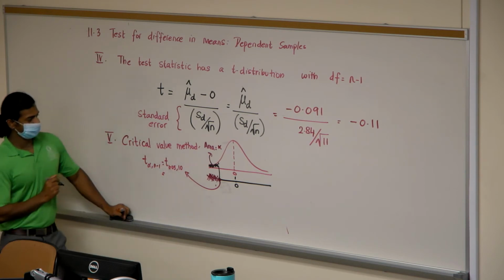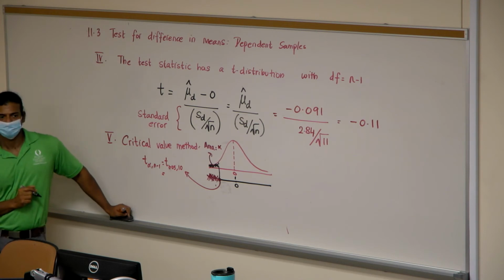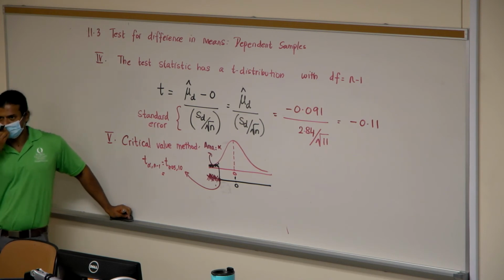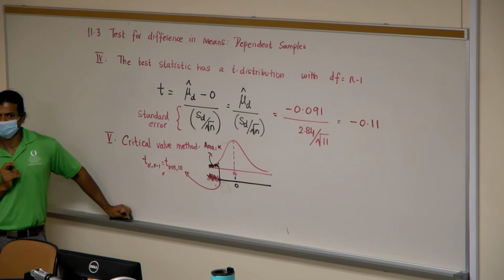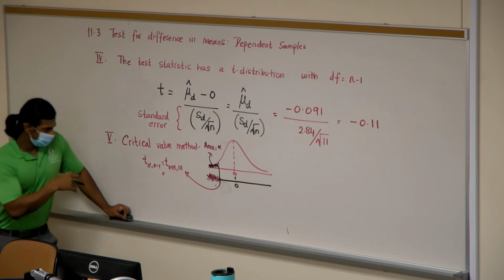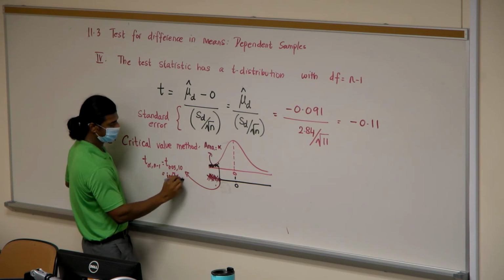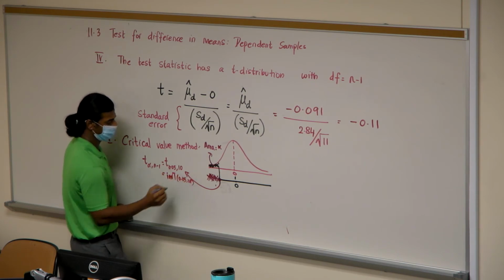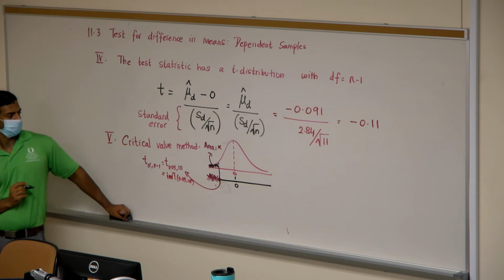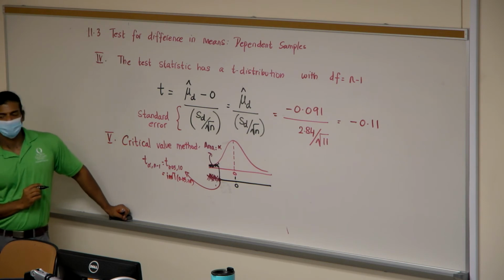And what is that value? How do we find that value? What do we use in our calculator? Inverse t, so inverse t, 0.05, comma 10. And what is that value?